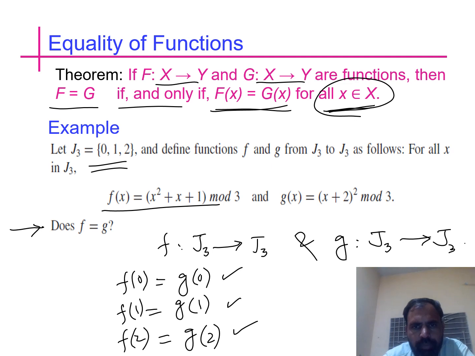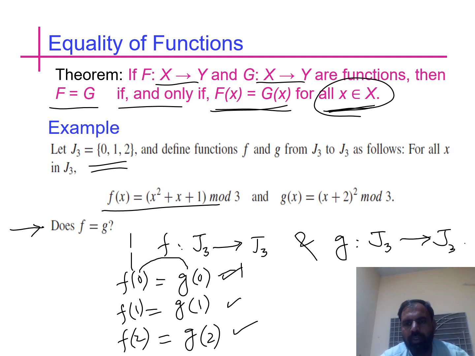It is 1. And in g, if we put 0, this will become 4 mod 3. The answer will be 1. So f of 0 and g of 0 have the same answer. f of 0 is also 1 and g of 0 is also 1.